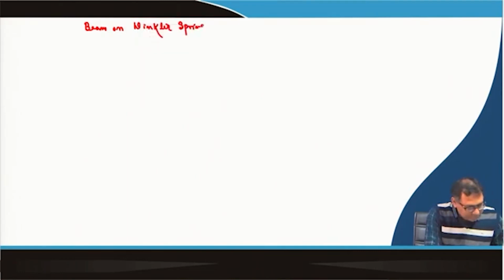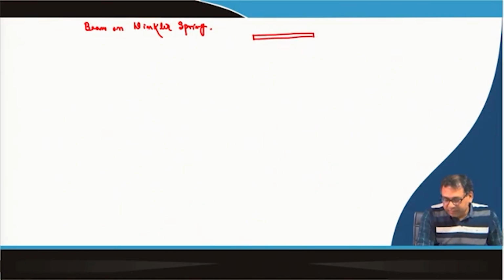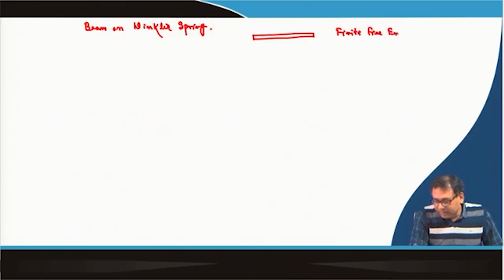Okay. So, now let me apply this finite difference scheme for a beam problem, a beam on Winkler's spring, and it is a finite beam and it is a free end beam.